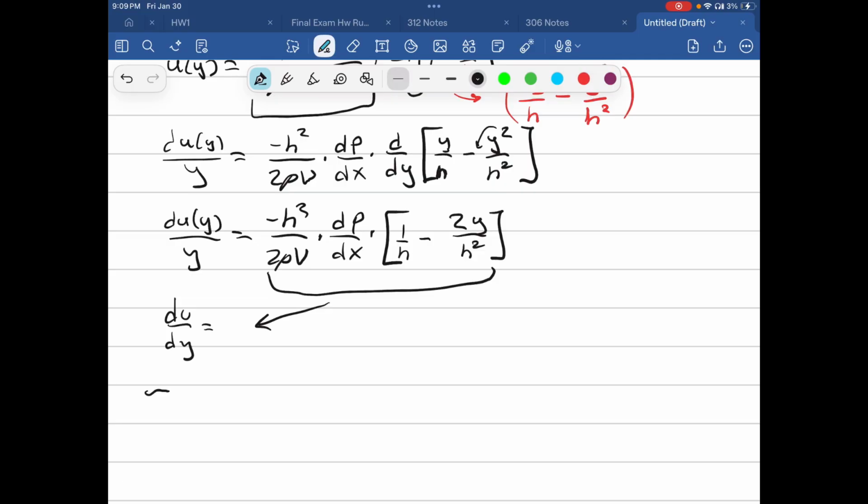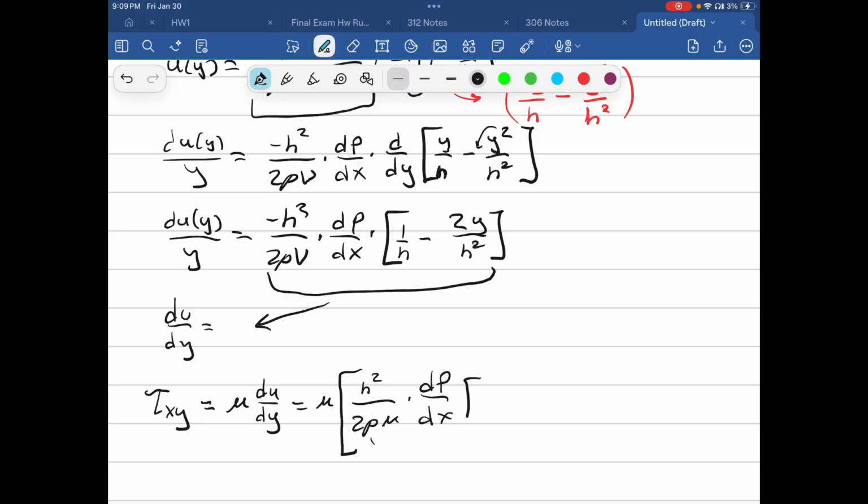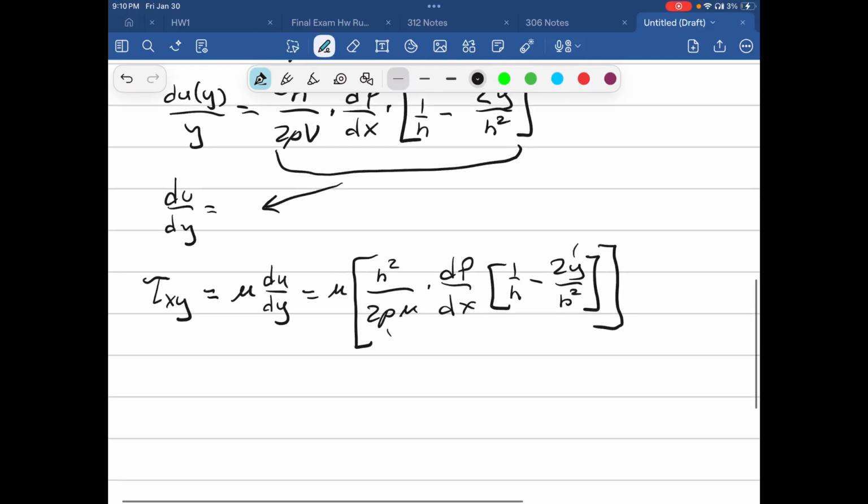So now we take our tau xy, our shear stress, equals viscosity times du dy, equals viscosity times h squared over 2 mu. I'm just going to use mu. Sorry, this is rho, not mu. dp dx times 1 over h minus 2y over h squared. And notice we still have y here as our independent variable.